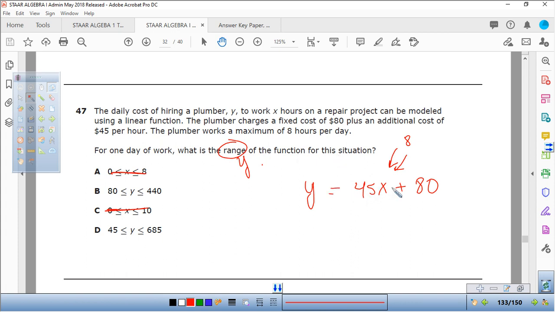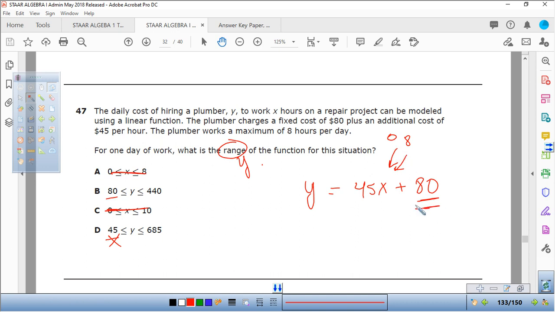So you kind of look at this thing right here. If he works the average, how do I say that? What if he shows up at work? You got it? But he doesn't put in a whole hour. He still gets charged 80, right? All right. Now, what if he puts in that much, and then what's the max he does?